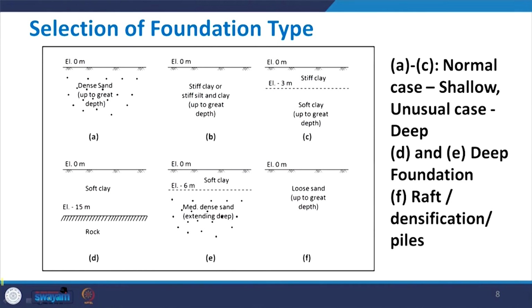Before we discuss the shallow foundation in detail, let us see the different situations where you have different types of foundations. So, you could see in this slide that there are 6 situations A, B, C, D, E, F. In the first case, A, you have dense sand which is going up to great depth. For B case, instead of sand, we do have clay, and that is also going up to great depth.